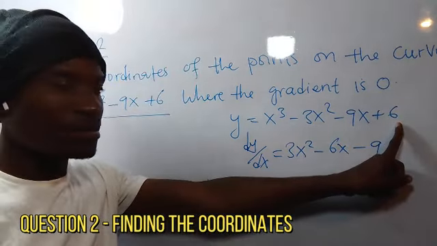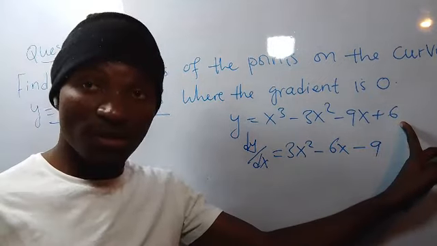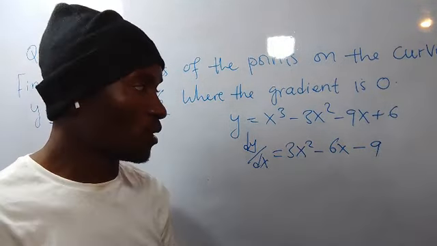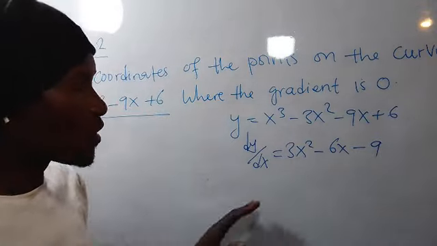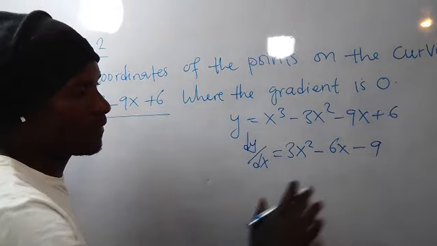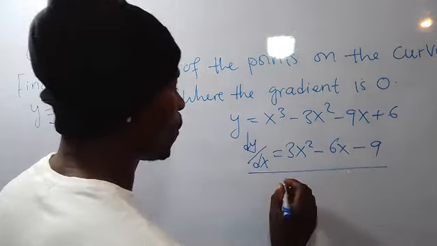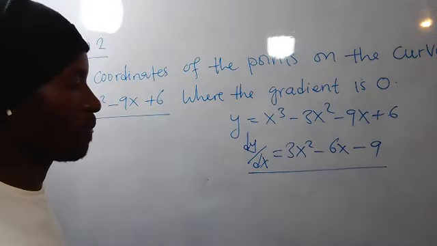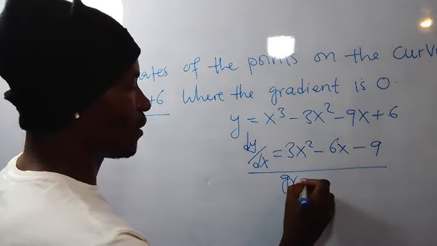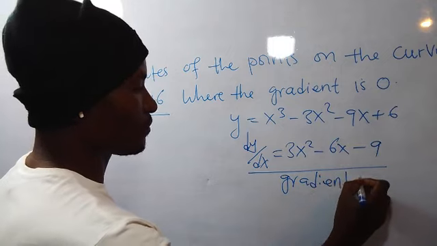And then the differential of a constant is just 0, so we don't actually include that 0. So what's going to happen now is that after you do that, this is now what we call a gradient function, okay? So this is a gradient function, okay?